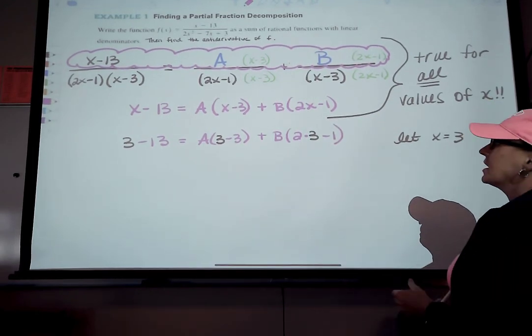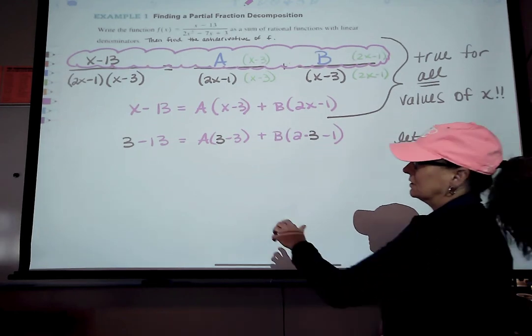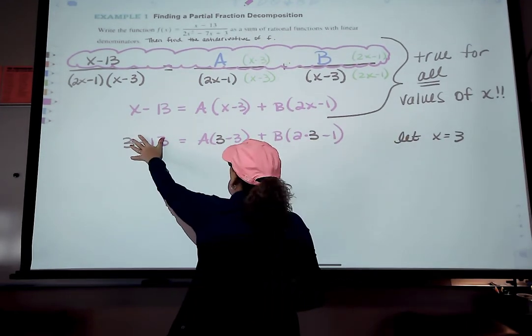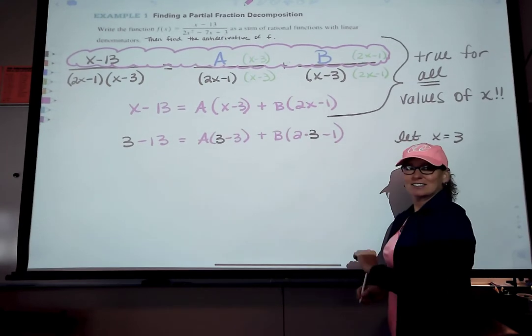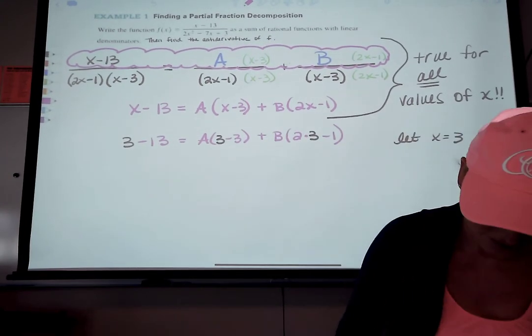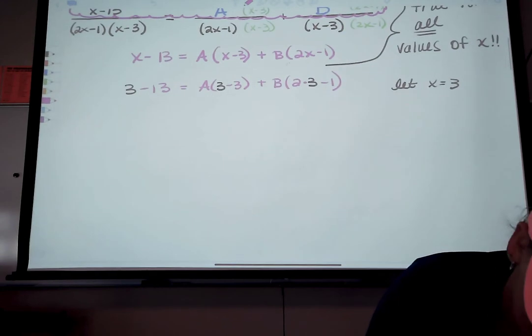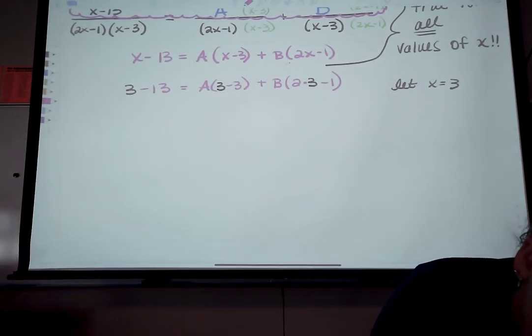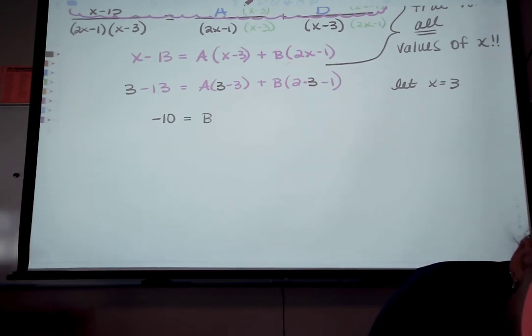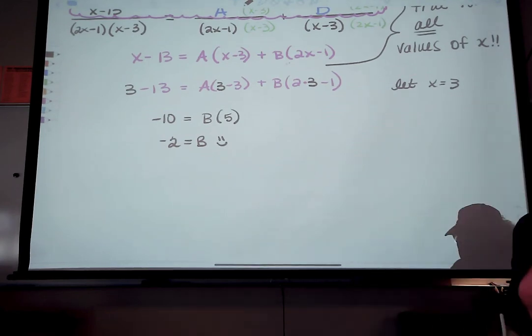I subbed in 3 for x. This is negative 10. This is gone. I can solve this. That is so cool. B is negative 2.